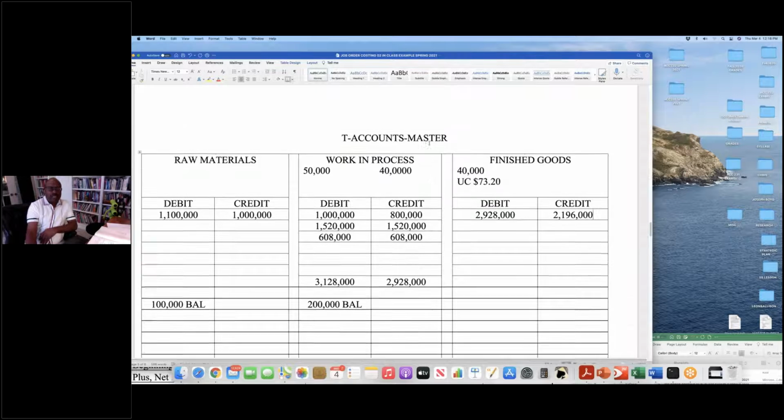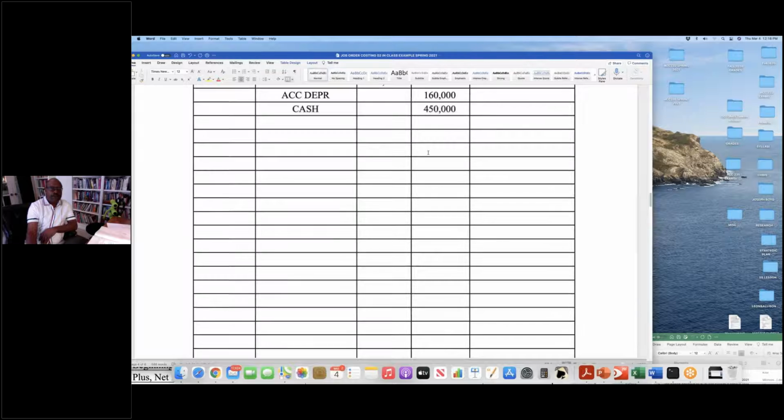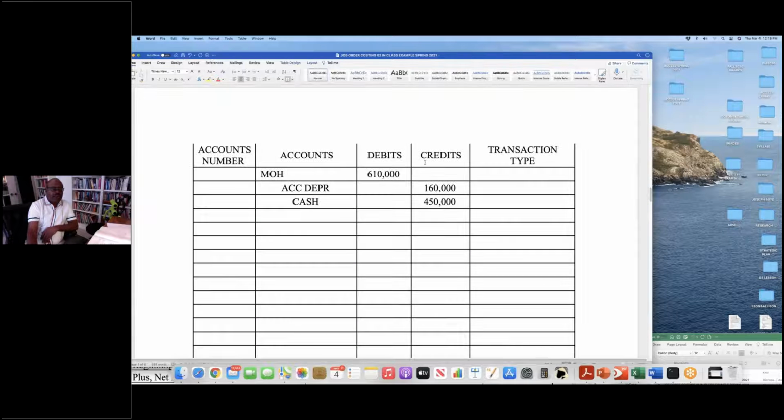Okay, so let's go and make this journal entry. So we're going to debit cost of goods sold because we under applied, we did not have enough costs. And we're going to credit the MOH because it must close out, for the 2,000.